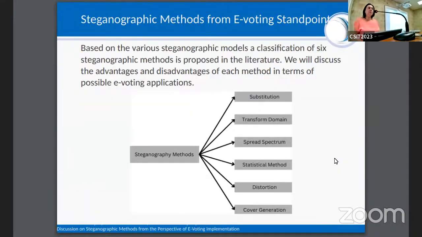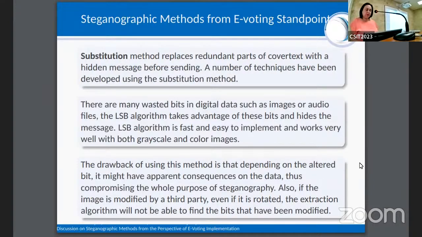Then we looked for existing methods in the literature. Here you can see the substitution method, transform domain, spread spectrum, statistical method, distortion, and cover generation. I will not explain all this because the time is short.